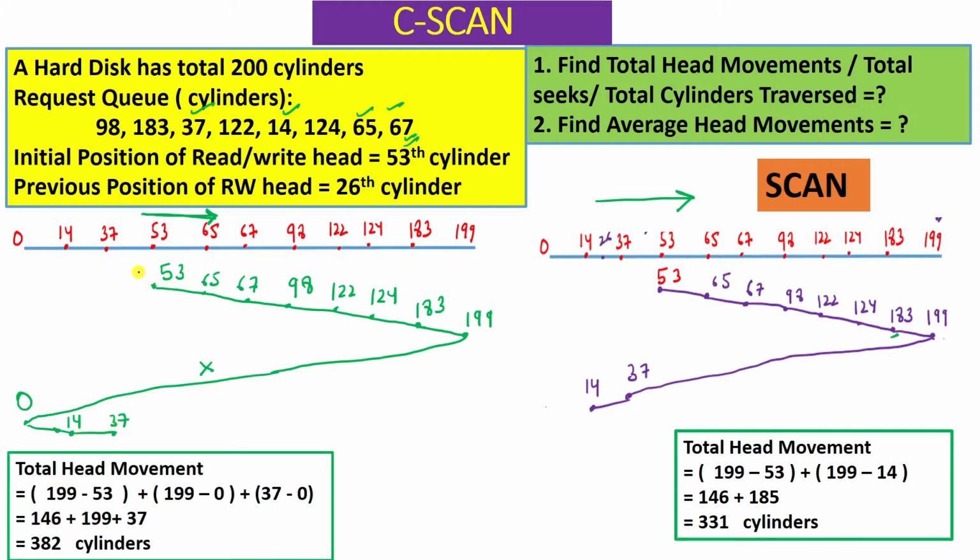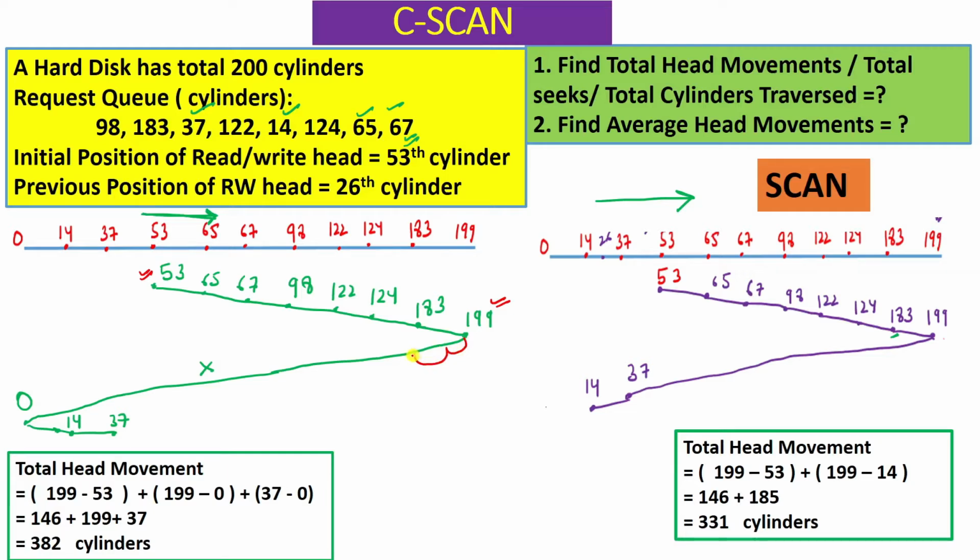Here you can see from 53 to 199, in total we have 199 minus 53 head movements, that is 146. Same as SCAN, right? Now here we are moving from 199 to 0. Although we are not servicing any request, the read write head will actually move from 199 to 198, then 197.